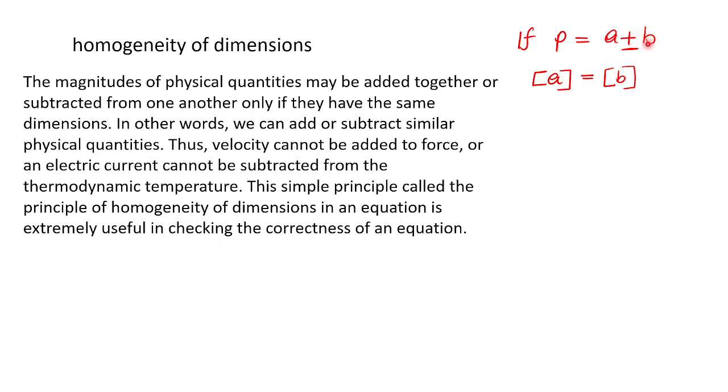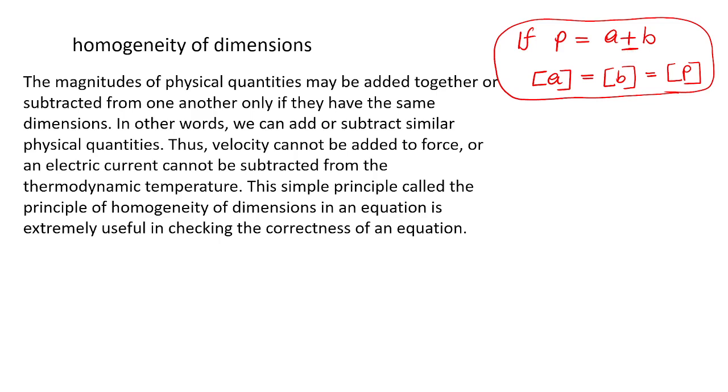The physical quantities having different dimensions cannot be added. It's a standard result. What I am saying is, the physical quantities having same dimensions can only be added or subtracted.